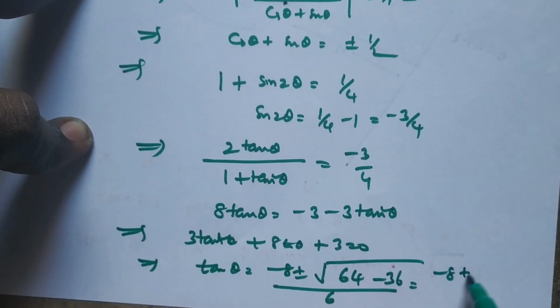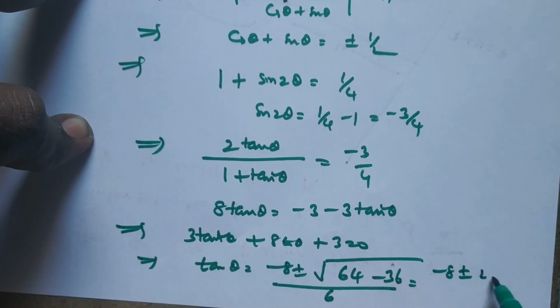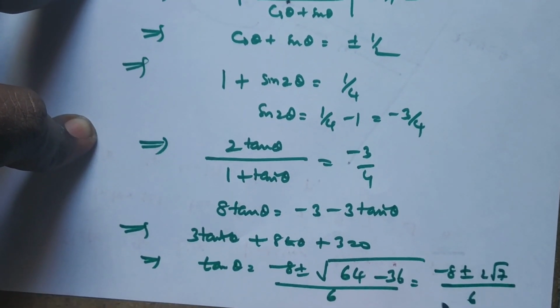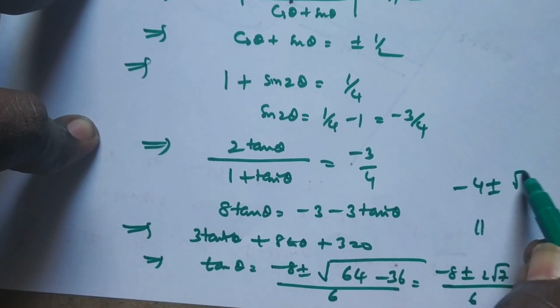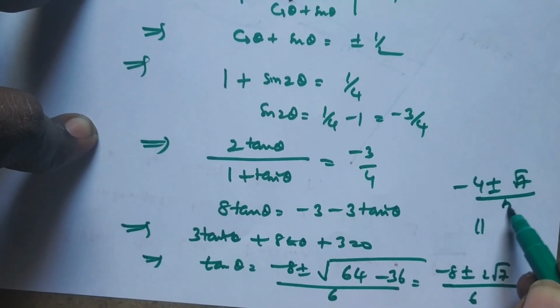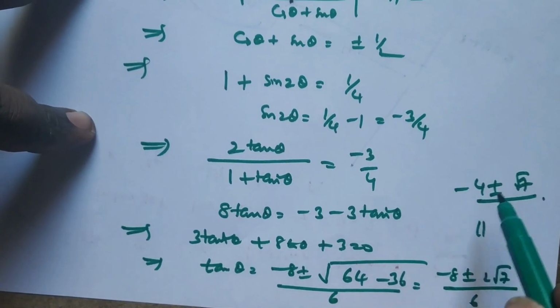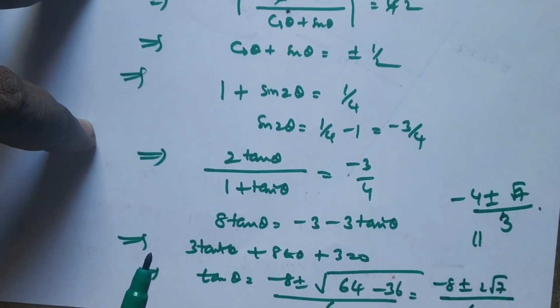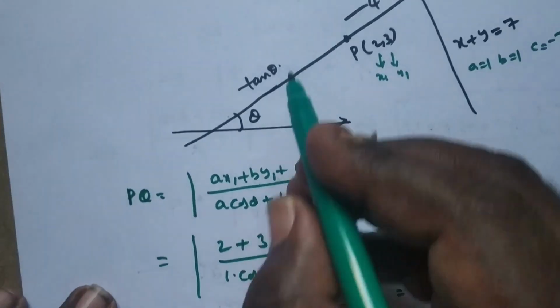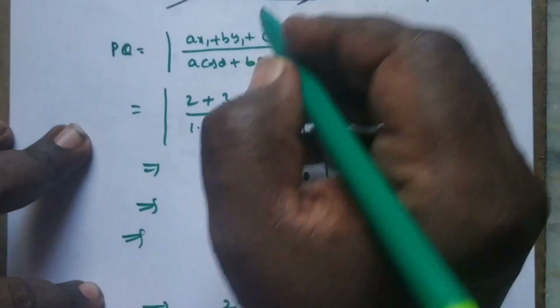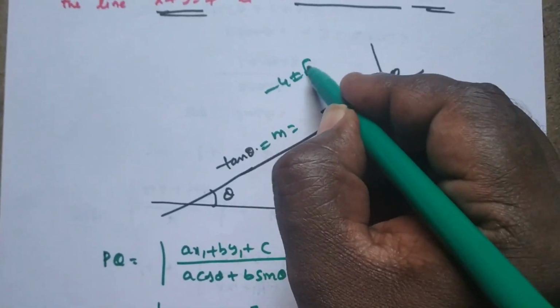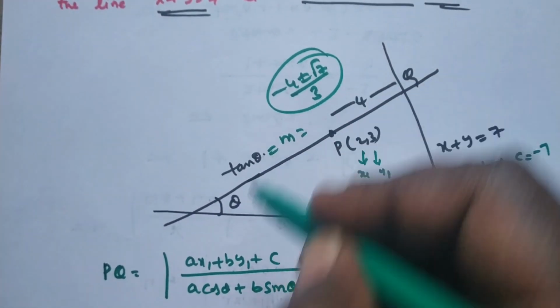That is minus 8 plus or minus root 28, that is 2 root 7, by 6. So the answer is minus 4 plus or minus root 7 by 3. What is my tan theta? Minus 4 plus or minus root 7 by 3. So the slope of the line m is equal to minus 4 plus or minus root 7 by 3.